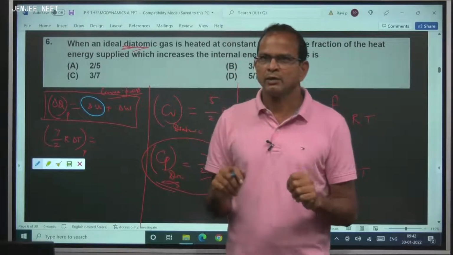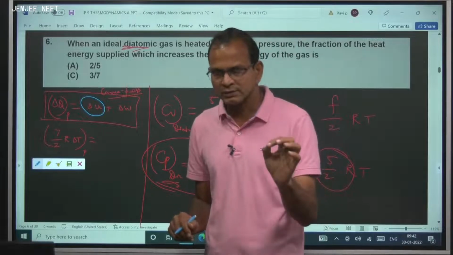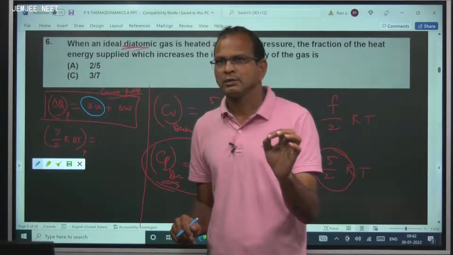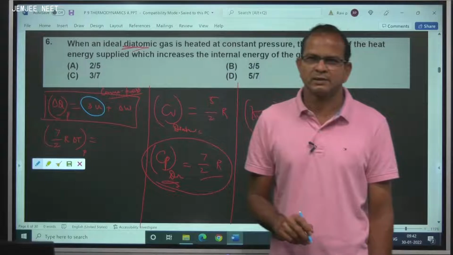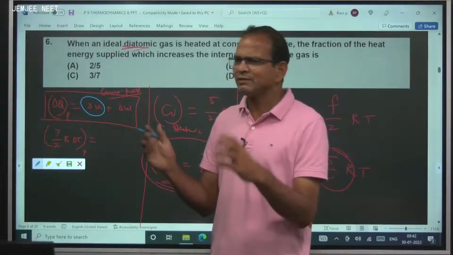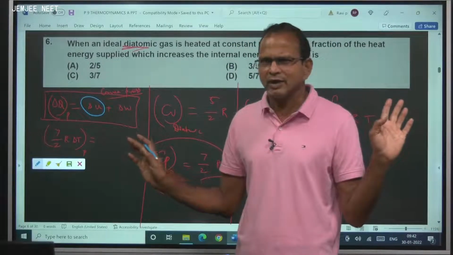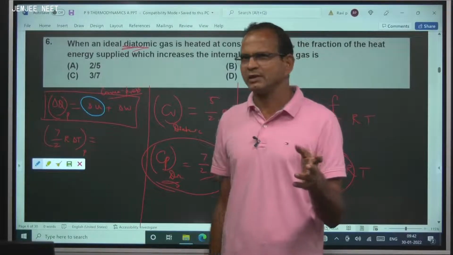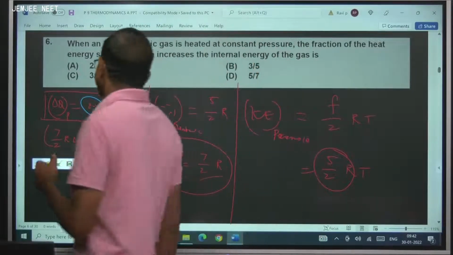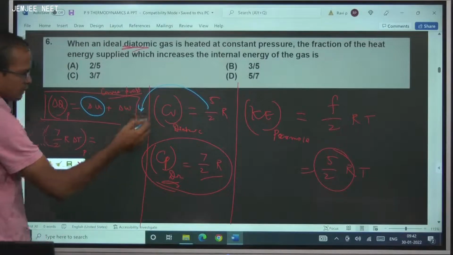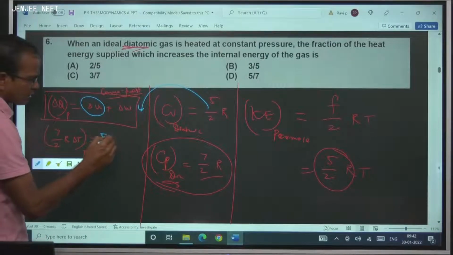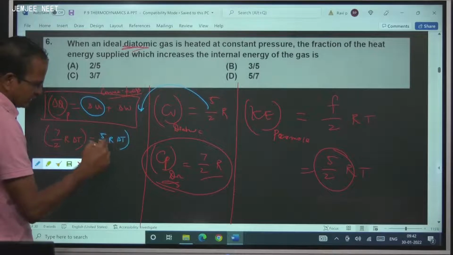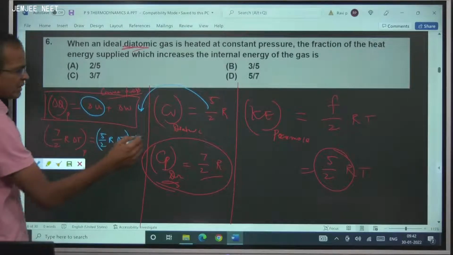Why? Because internal energy is a function of temperature only. It is a point function. I don't care how it comes or by which path; what is the initial temperature, what is the final temperature, subtract, and finished. That is internal energy. So I take it from here: 5/2 R delta T is my internal energy. What is left?